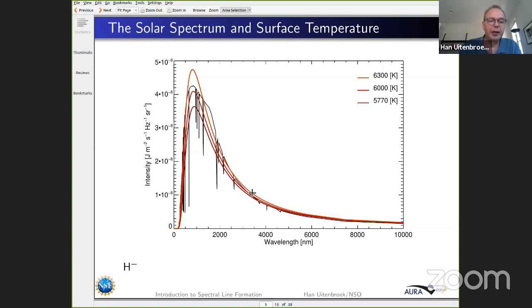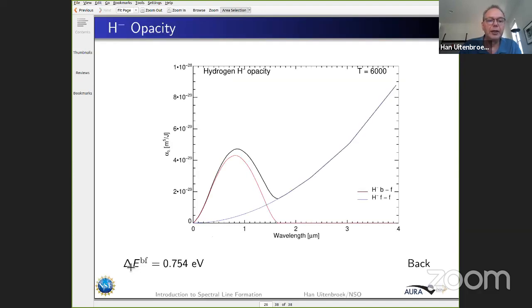It has problems. One of the things that you can see is that in the near infrared, between 1500 and 2000 nanometers, I have a much higher temperature. And the reason for this is that the continuum opacity varies strongly with wavelength. This is a plot of the H- opacity at different wavelengths. The hydrogen atom is actually capable of capturing another electron, forming the H- ion, and it has two different transitions.